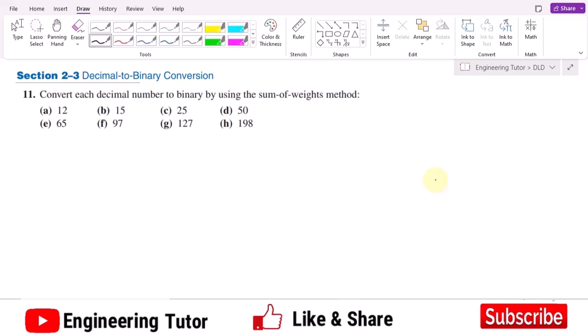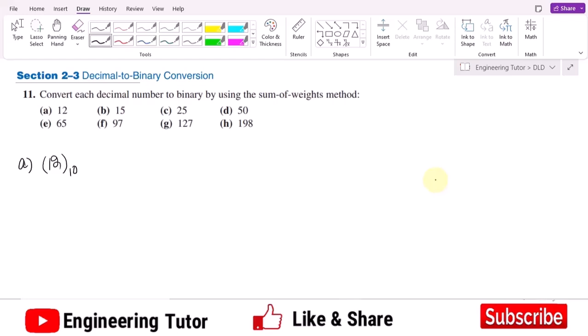So let me first use part A of my questions here, so that is in decimal. Basically I know that when I convert the decimal number into the binary one, I have different weights.